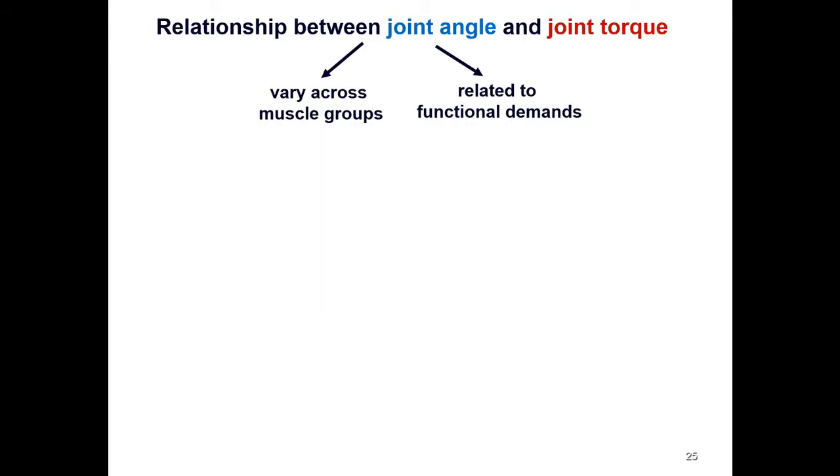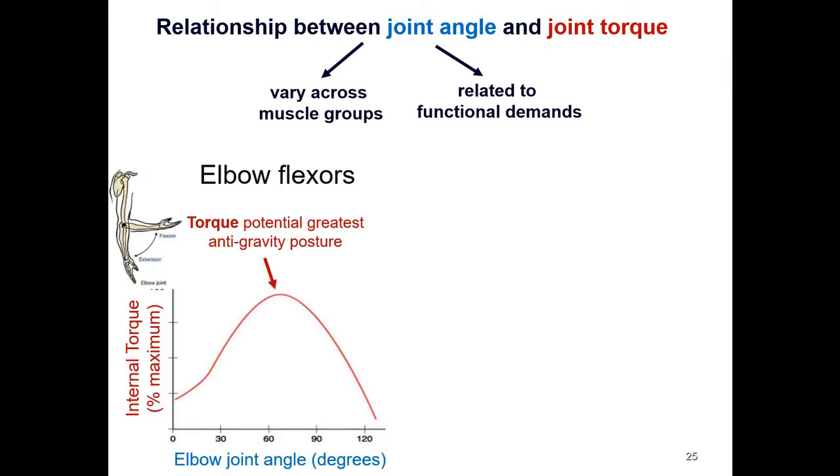The relationship between the angle of a particular joint and the torque that can be produced at that joint varies across muscle groups and is related to the functional demands on that particular muscle group. For example, if we look at the torques that can be produced by the action of the elbow flexors in different elbow postures, we see that the torque potential is greatest in the anti-gravity posture.